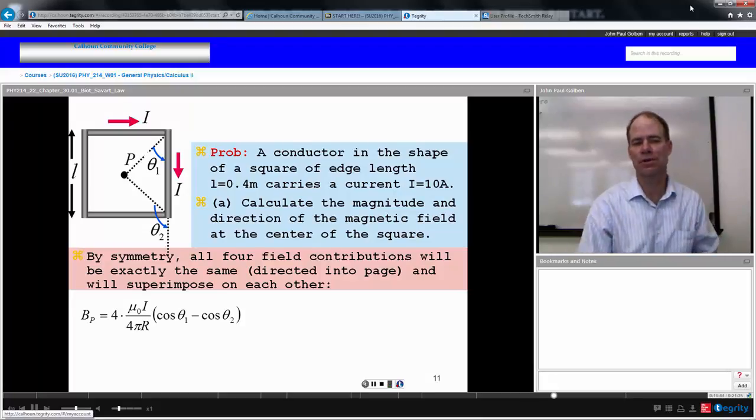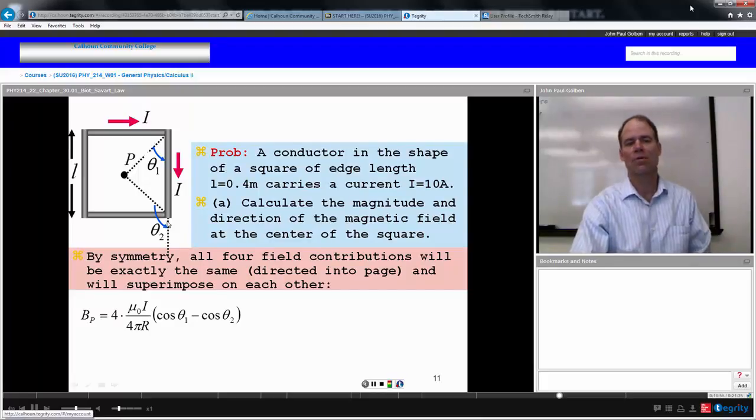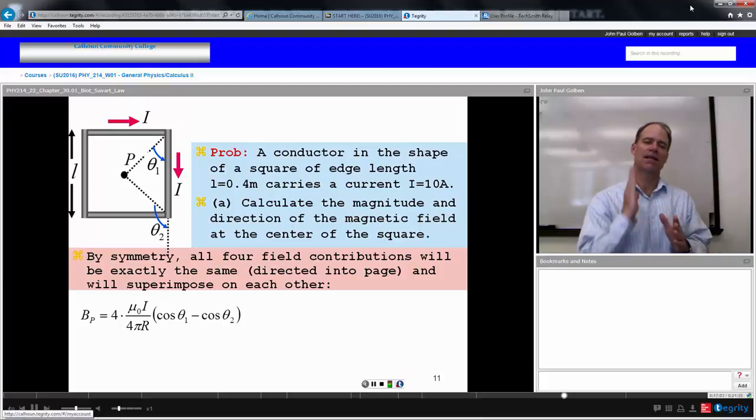Suppose you knew that theta 1 was indeed 45 degrees and that the cosine of theta 1 was the square root of 2 over 2. Well, suppose you didn't know what the cosine of 135 degrees was. One thing that you can use on a lot of these problems is the fact that supplementary angles, in other words angles that add up to 180 degrees, have negative cosines of one another.